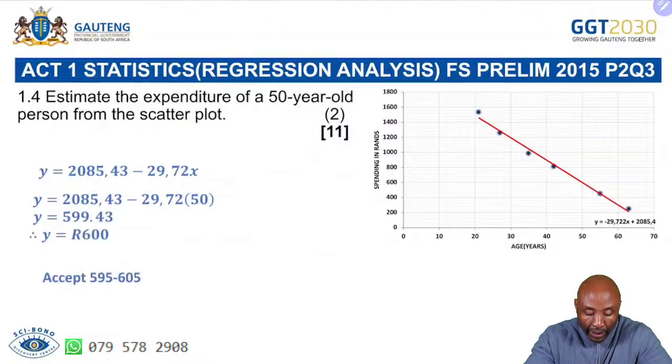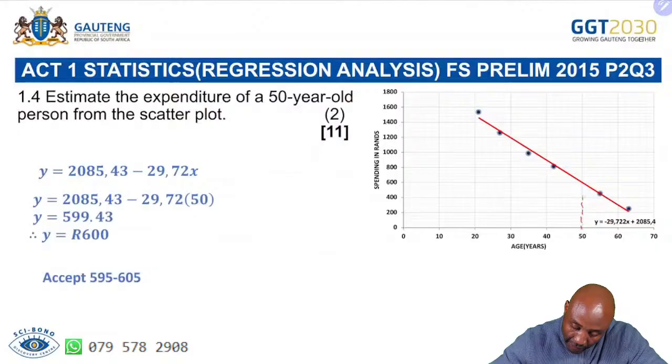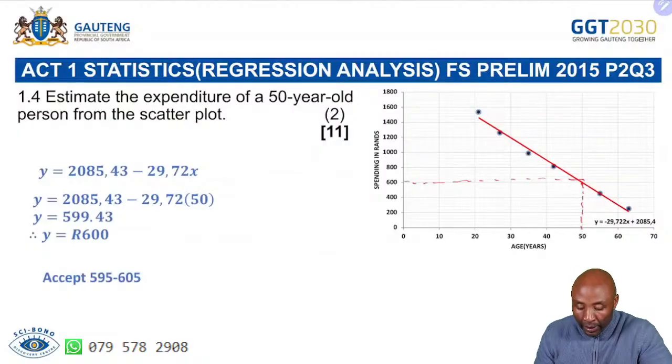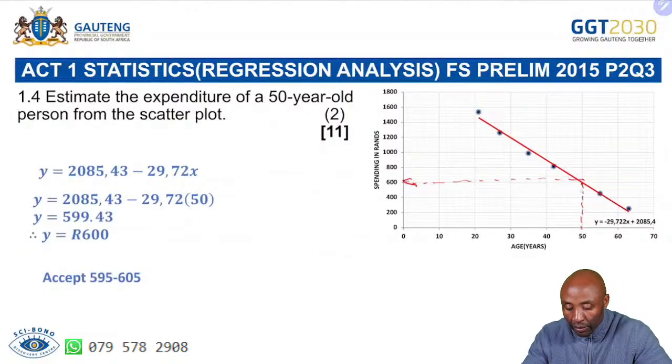But we can accept any answer between 595 and 605. And you can see if the age is 50 years, I reach the graph, then I'm able to estimate as well using the graph. If I trust my line of best fit, I'm able to see that the amount spent by a 50-year-old is around 600 rands.